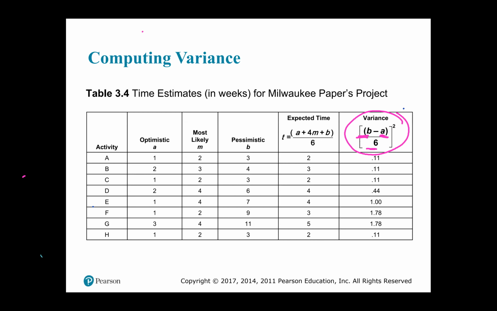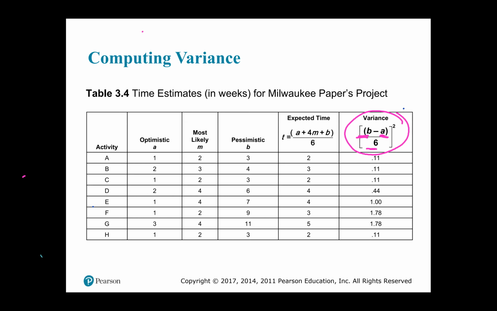So for each activity, let's take activity A, it would be 3 minus 1, which is 2, 2 divided by 6, and then you square all of that, you get 0.11, right?